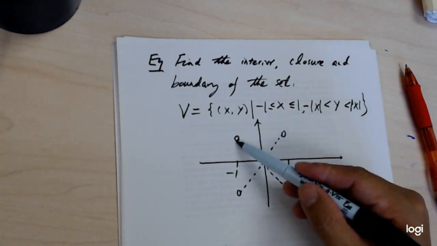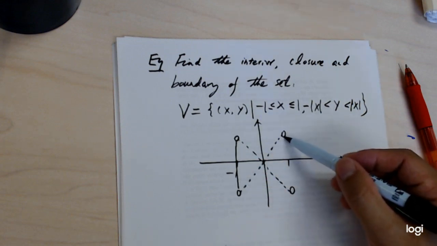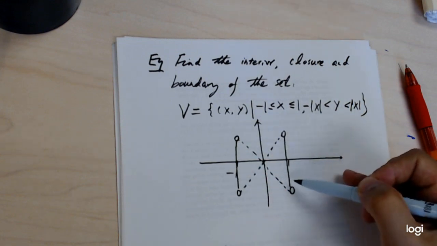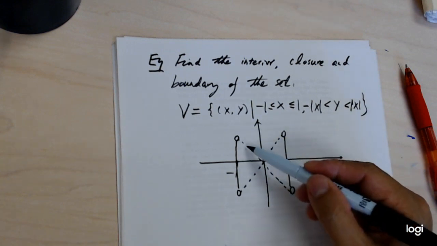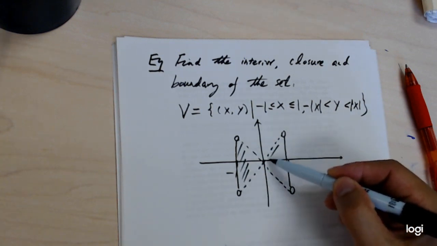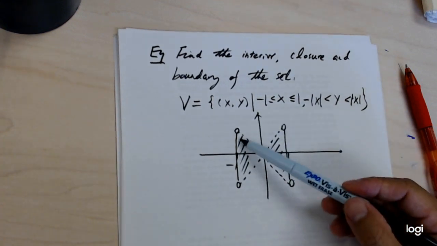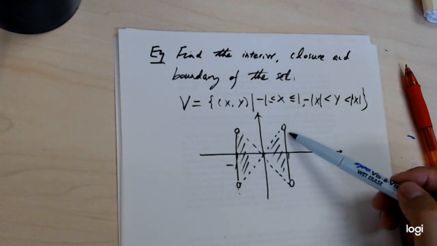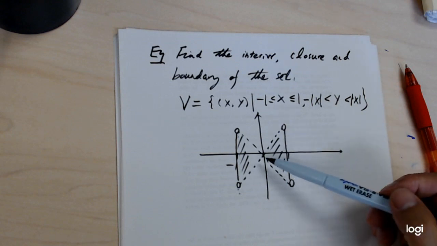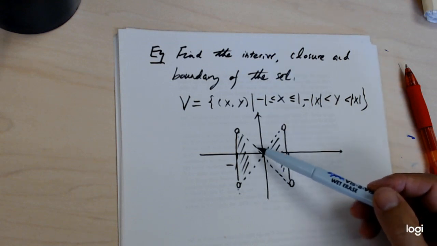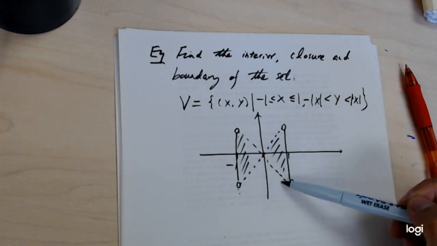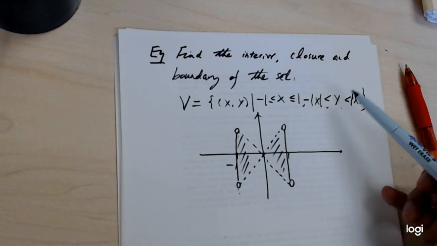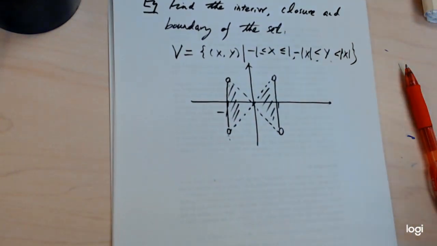X can be -1, X can also be +1, and then everything in between. So if you carefully think about this, it is this line segment without the endpoints, along with everything inside. But I have to cut off those parts because there's no equal sign here. So that's what V is.